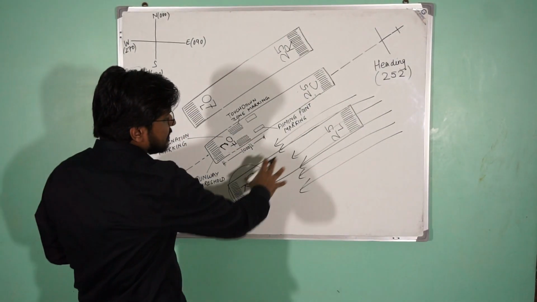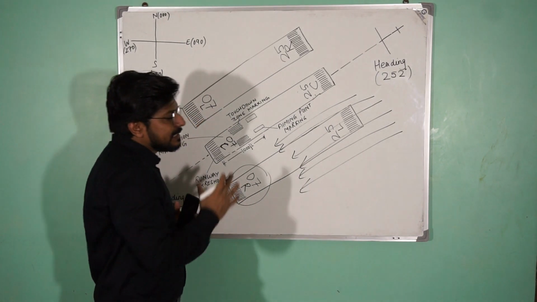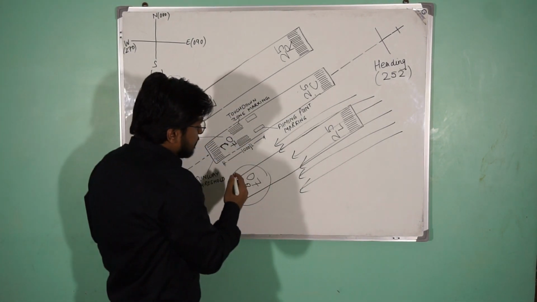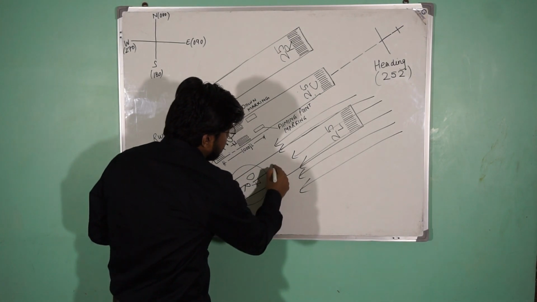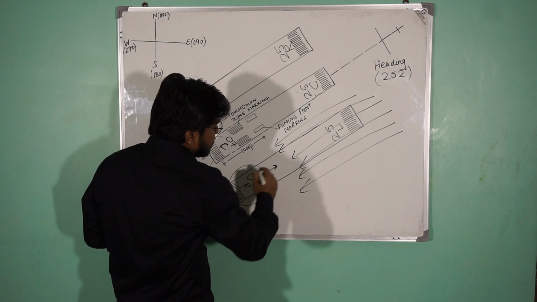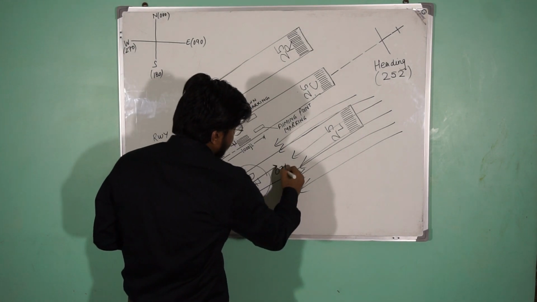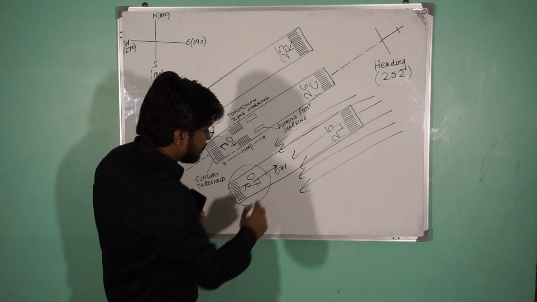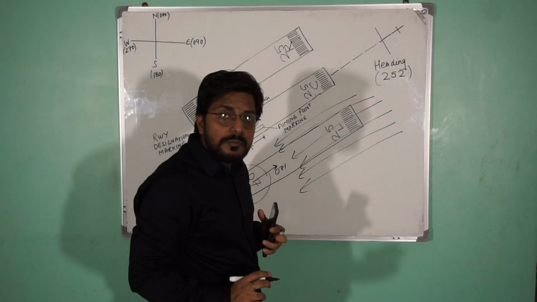Now in this case, what wind direction do you think it is? Generally, suppose the aircraft is going in this direction, we say this heading is 071, like in this reference I have taken. So 071 is the direction of the aircraft movement.